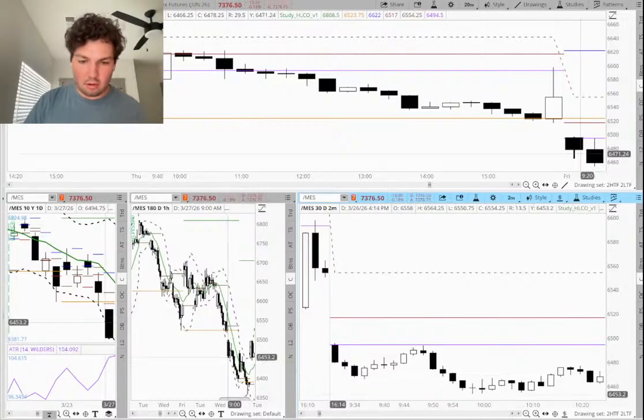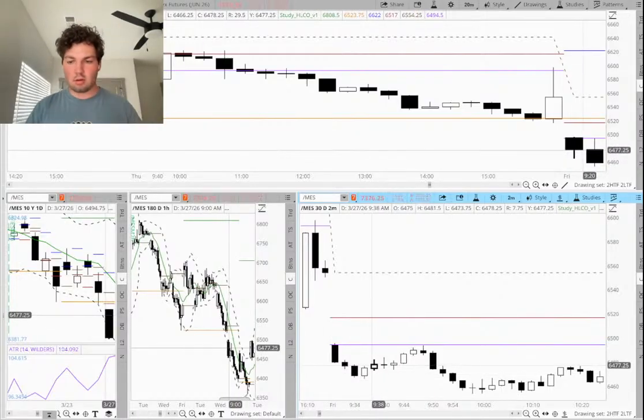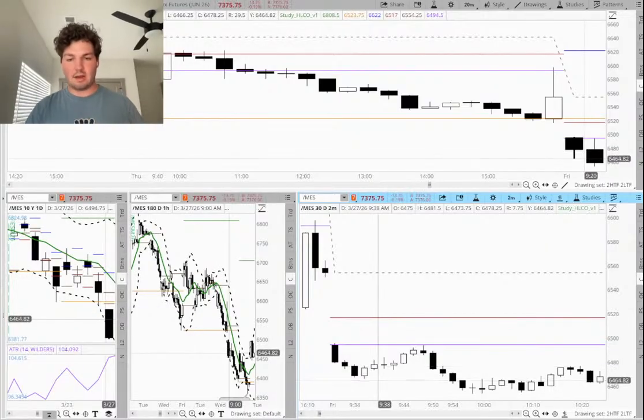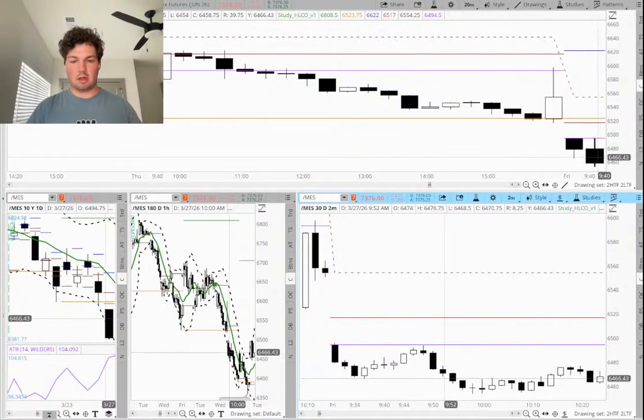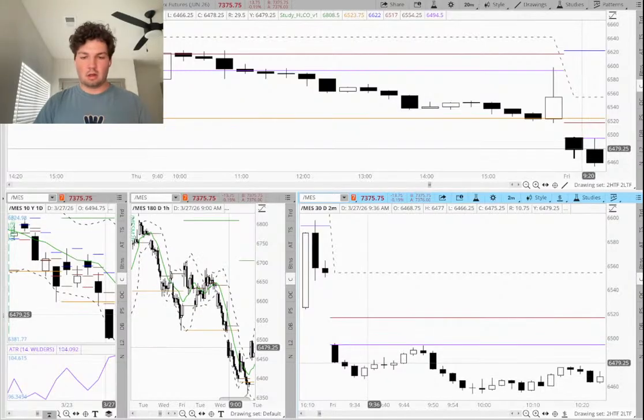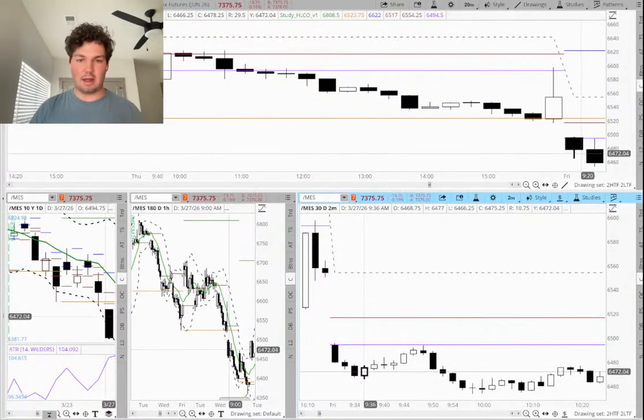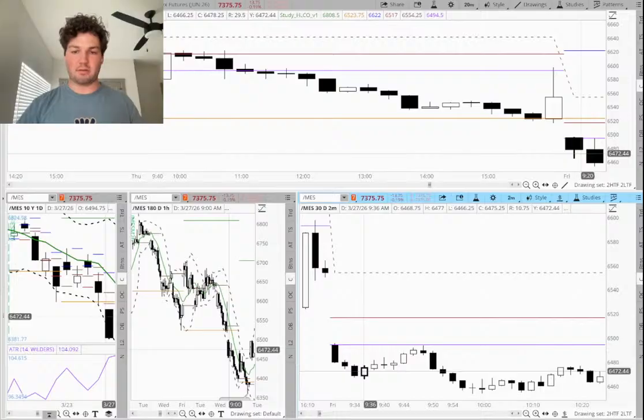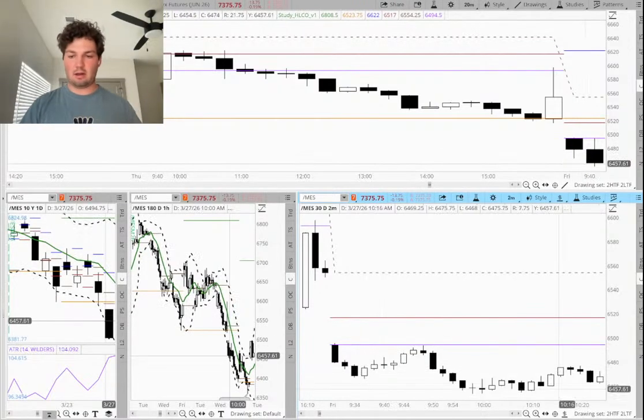Would that be filled already? The stop would be what? Right here. This is the closest one. So the stop loss would be at 77.25.